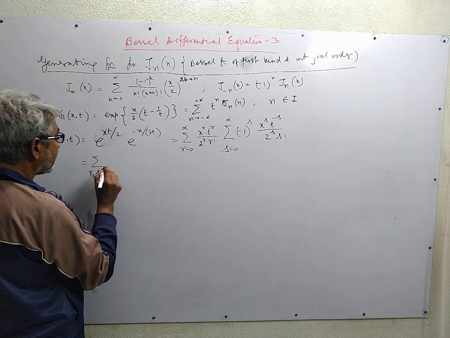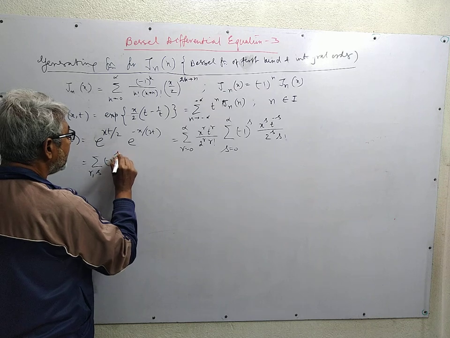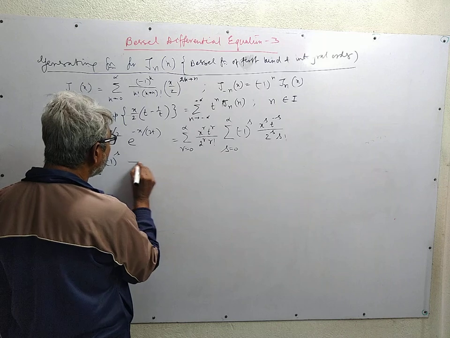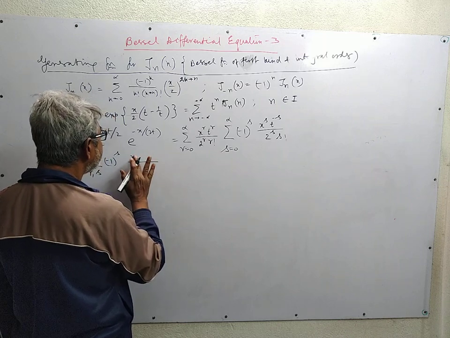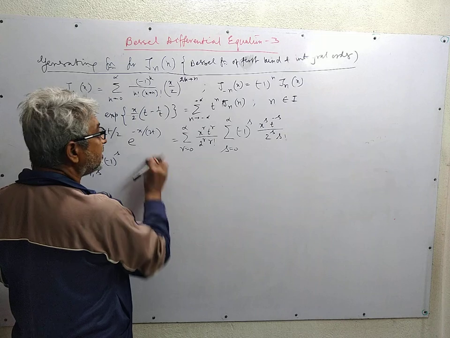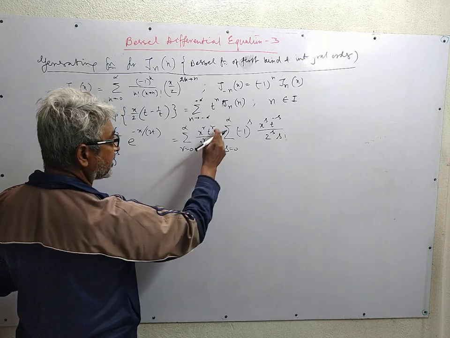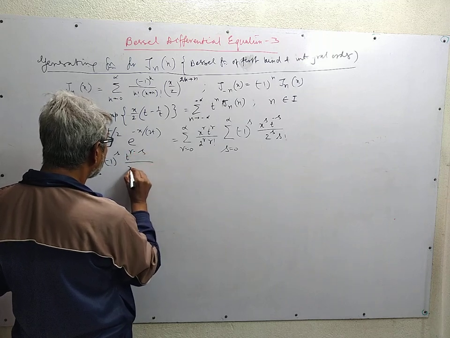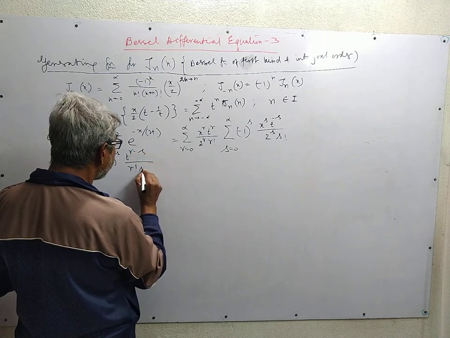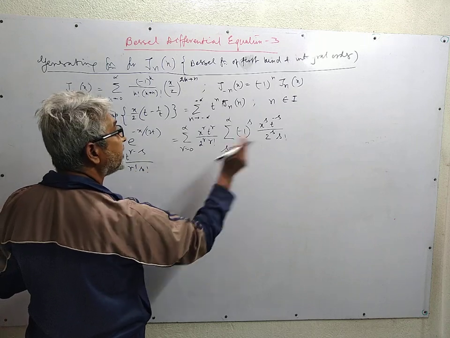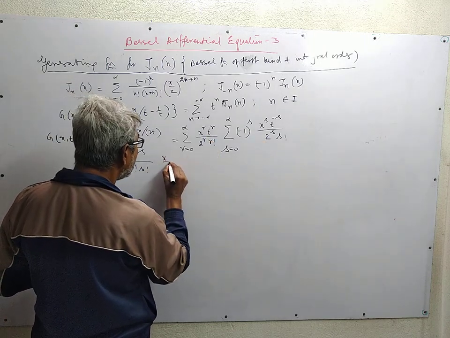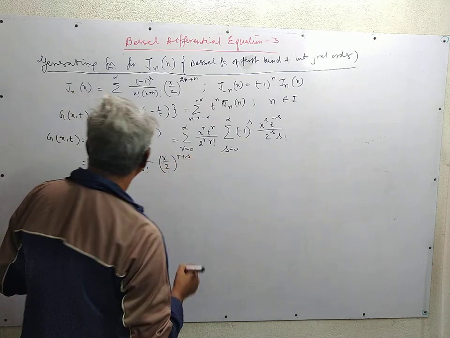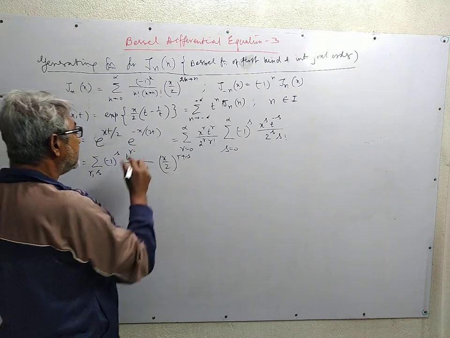So sum over r and s, minus 1 to the power s, and then t to the power r minus s, over r factorial, s factorial, and then we have x by 2 to the power r plus s.